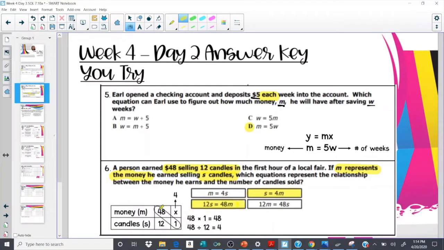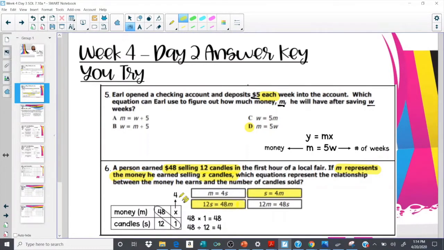So they made $48 selling 12 candles. How much money would they make selling 1 candle? When you set up your proportion, you cross multiply the two numbers that are diagonal from each other. 48 times 1 gives you 48, and divide by the remaining number. 48 divided by 12 is equal to 4.